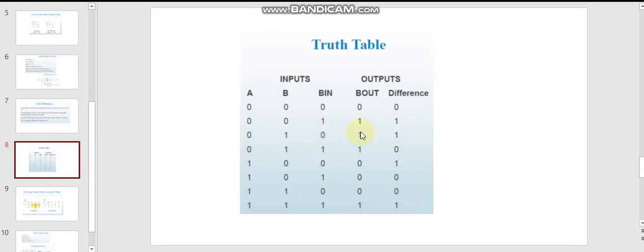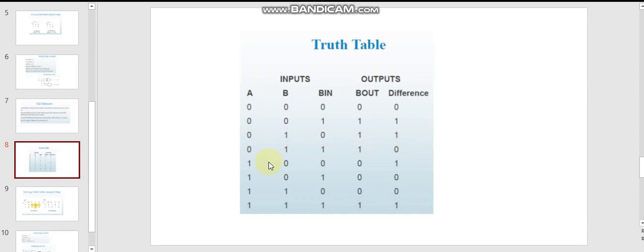So here the difference is 1, and the borrow is 1. In the next case, when A is equal to 0 and B is equal to 1, when I subtract B from A, 0 minus 1, I need to take a borrow, so the borrow would be equal to 1. In this case the difference would also be equal to 1.